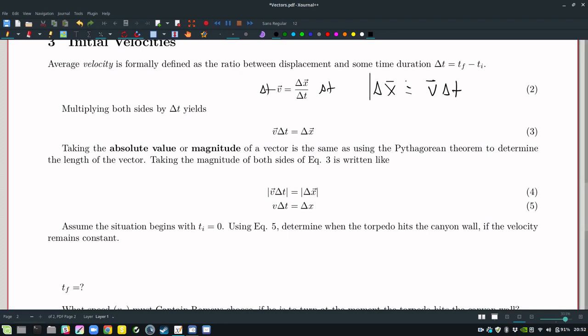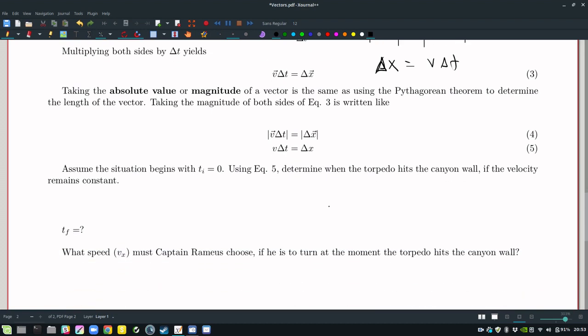And then you can take the absolute value of both sides. If you're not so concerned at the moment with the direction, you can just write these as scalar numbers. Delta x is equal to v delta t. And that will suffice for calculating speeds and times given velocities.